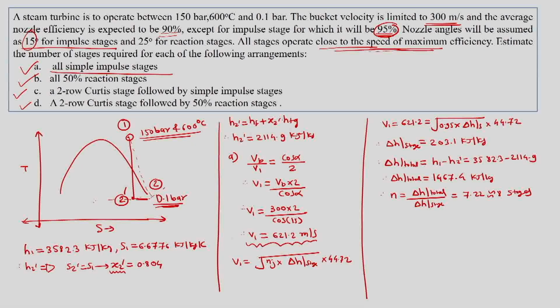Now we will see the 50% reaction case. For 50% reaction, we know Vb upon V1 is equal to cos alpha. So V1 is equal to Vb upon cos alpha, which is 300 divided by cos of 25.